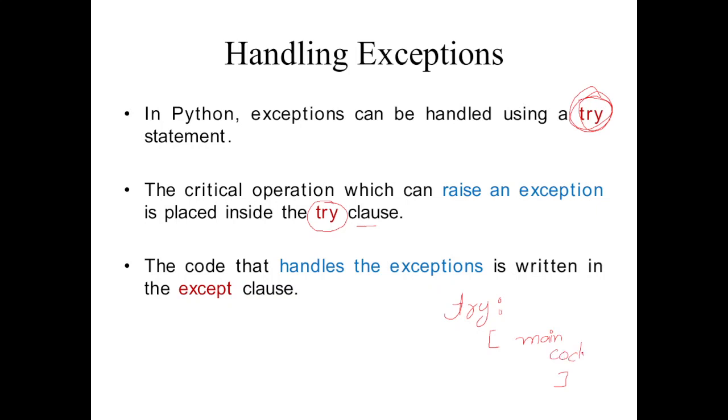However, we use another block which is called except. This block will handle the exception. If any exception occurs in the try block, it will be forwarded to the except clause, and then any statement written here will be executed. So in this way it can be handled.